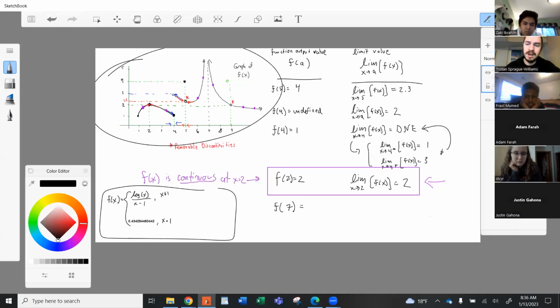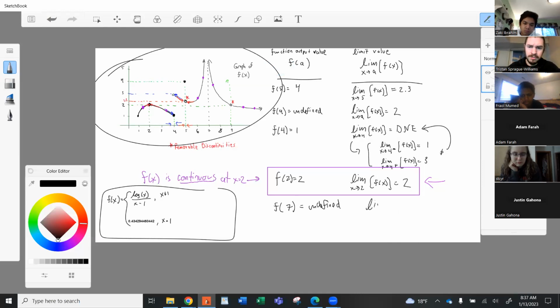So think of things like 1 over x or tangent of x. 1 over x has a vertical asymptote at 0, and it's also undefined at 0 because it's dividing by 0, right? Tangent of x has a vertical asymptote at pi over 2, and it's also undefined at pi over 2. So like most cases that arise with a vertical asymptote, it's undefined.